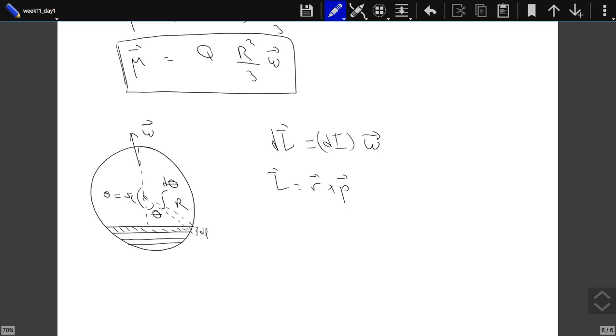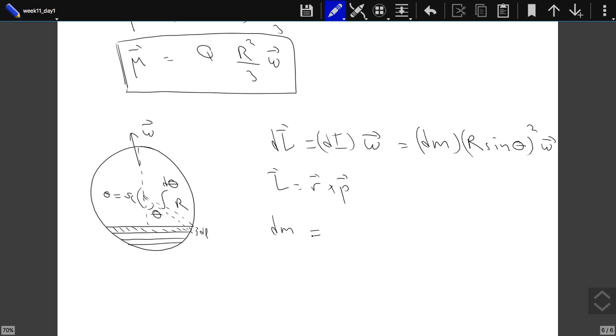If you would just add the contribution from each one of the bits making the ring, this is what you would obtain. And this dI would be just dm, the mass of that very small ring, multiplied with r squared, or r sine theta squared, multiplied by omega. R sine theta is the distance of each one of the masses on the ring from the rotation axis.